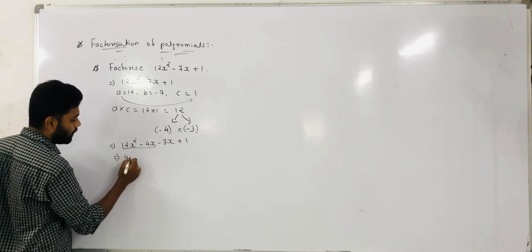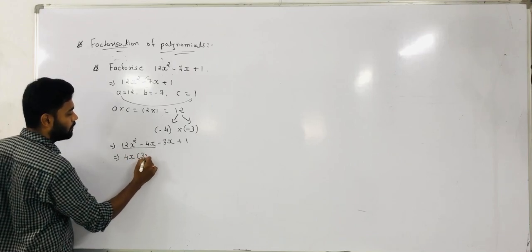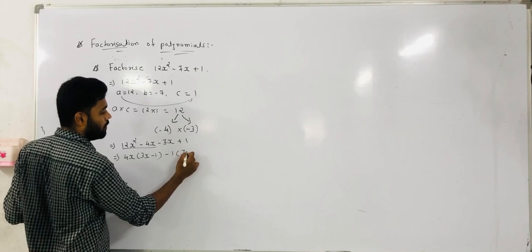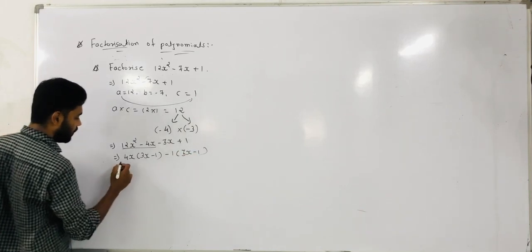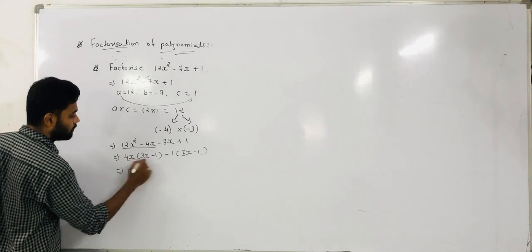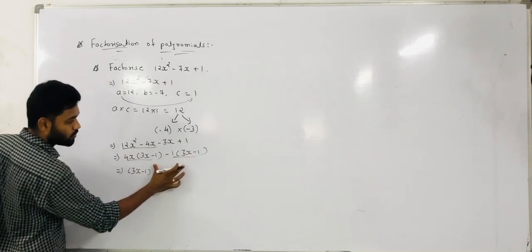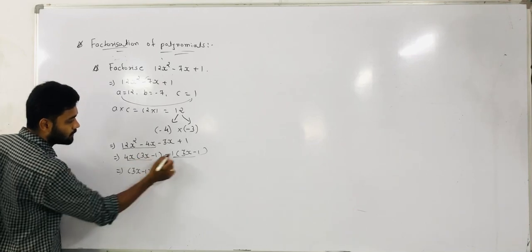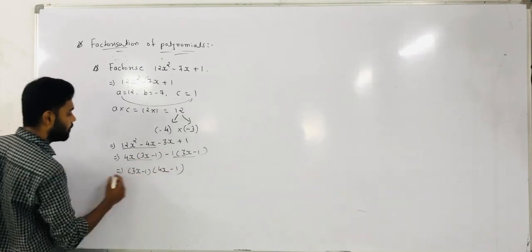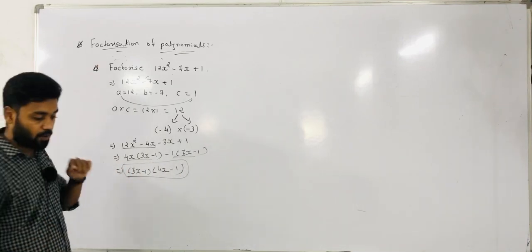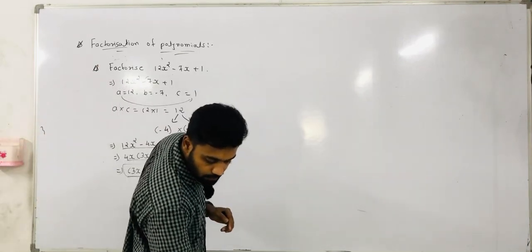From first two terms take 4x common, 3x minus 1, minus 1, 3x minus 1. So take 3x minus 1 common from these two terms, and from the first term the remaining will be 4x minus 1. This way you can split or factorize the quadratic equation.